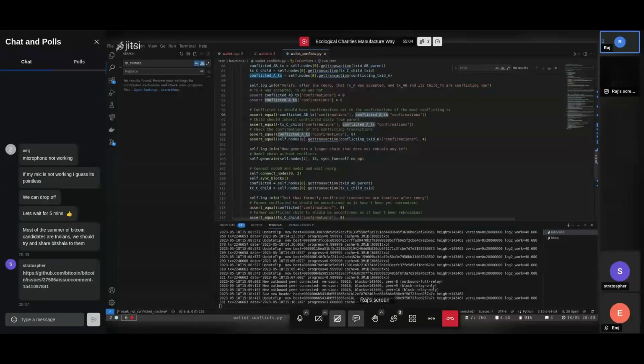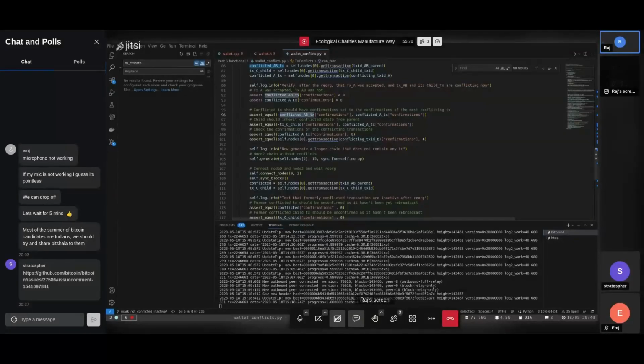So transaction A conflicts with transaction AB, and if transaction A is confirmed by 10 blocks, then transaction AB's confirmation will be minus 10.